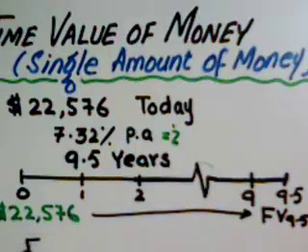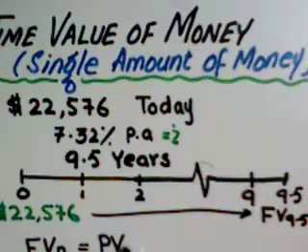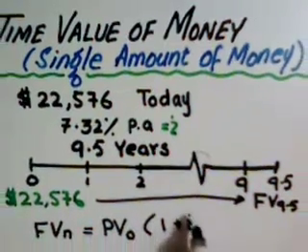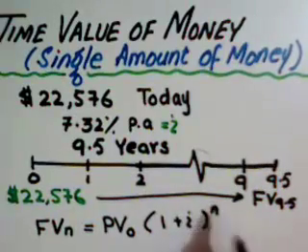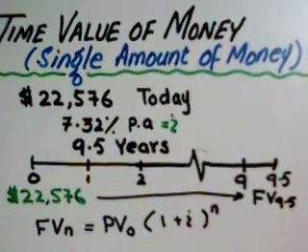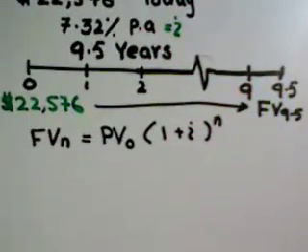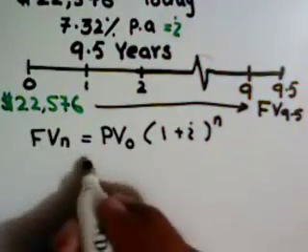So the future value at the end of nth year is equal to the present value at time 0 multiplied by 1 plus annual compound interest rate raised to the power the time duration. So let's put the values in this.